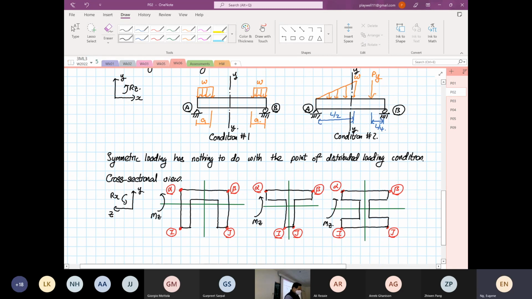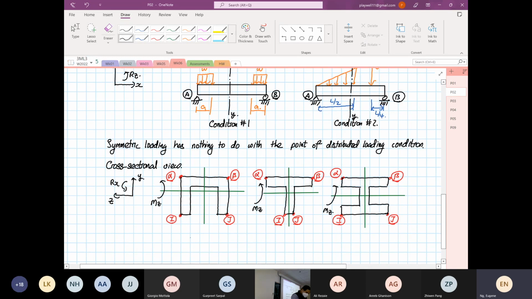Anything on top is compression, anything below is tension. I call these section number 1, section number 2, and section number 3. The formula we use is stress X equals minus Mz over Izz times y.